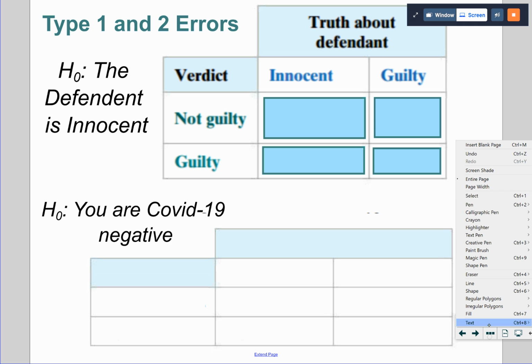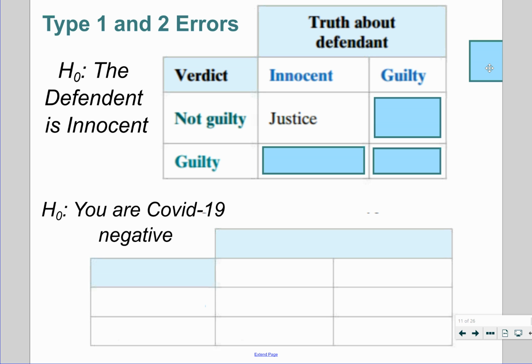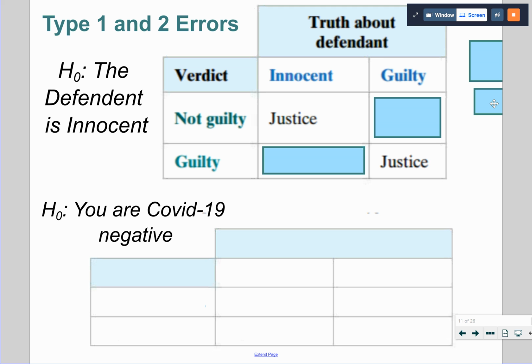So if someone is innocent and the jury finds them not guilty, is that an error? No, justice has been served. Okay, what if somebody is guilty and the jury finds them guilty? Not an error, right? That's the correct decision.